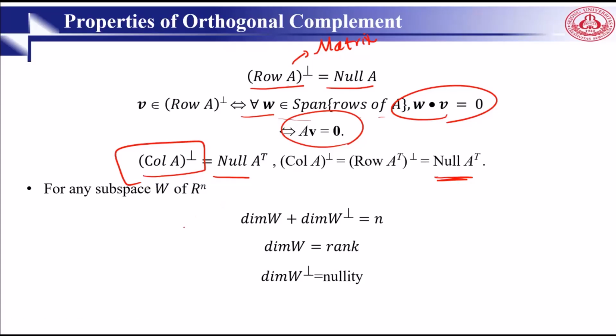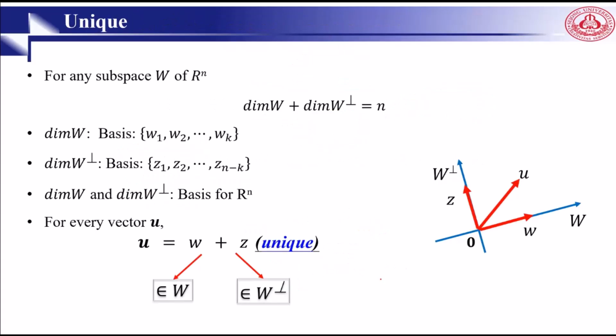Then for the dimension relationship in subspaces, for any subspace W in Rn, the dimension of W plus the dimension of the perpendicular space of W is equal to n. The dimension of W is equal to the rank, and the dimension of the perpendicular space of W is the nullity. For any subspace W in Rn, the sum of the dimension of W and its perp is equal to the dimension of the ambient space n.